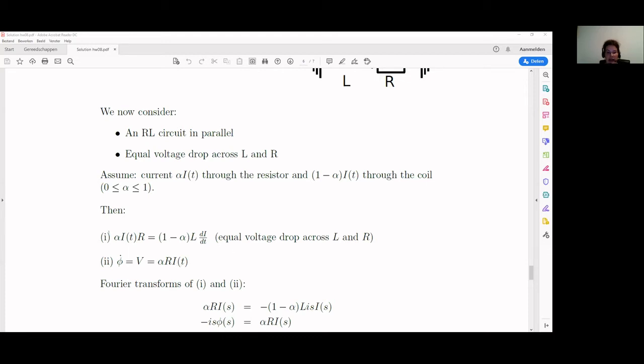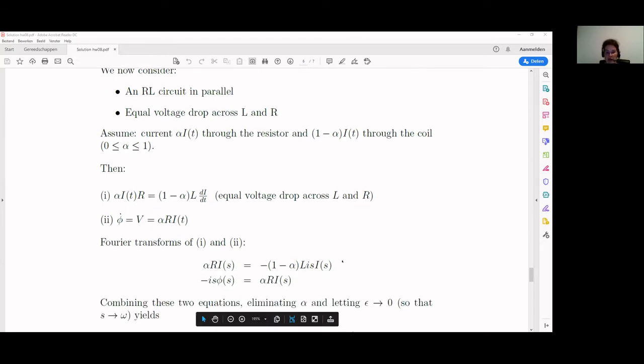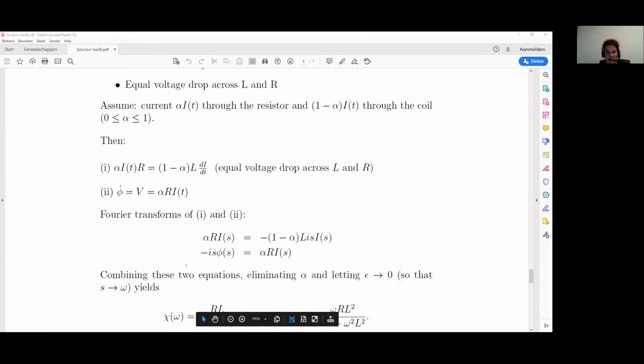And if I then Fourier transform, because these are two time-dependent equations, and I'm again interested in the frequency domain. So I Fourier transform these two equations, and that leaves me with the following somewhat lengthier expressions, but not too difficult. Direct Fourier transform of 1 and 2. And then I eliminate this alpha, which I introduced, and also let this tiny imaginary part go to 0.